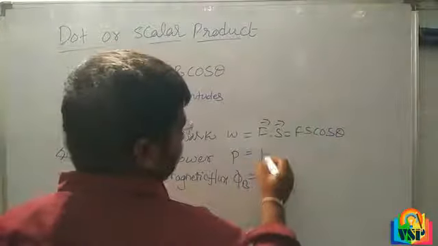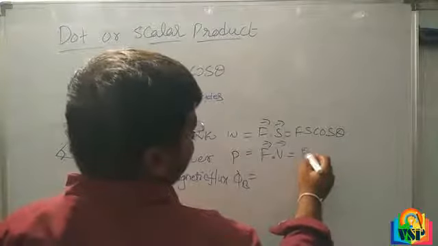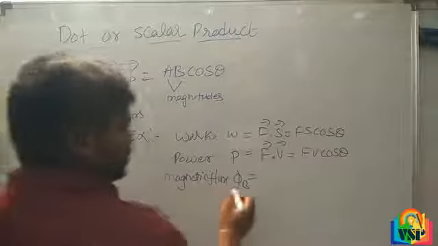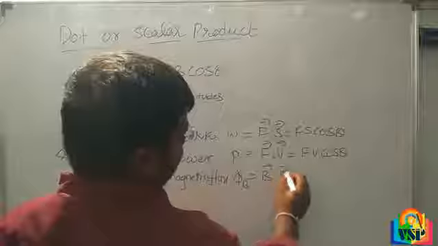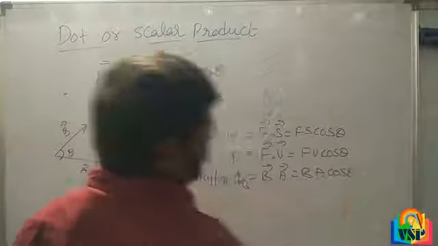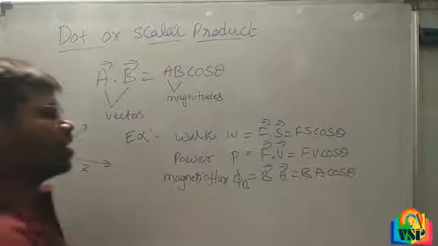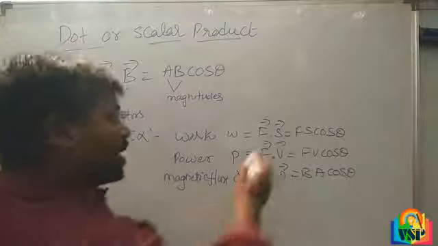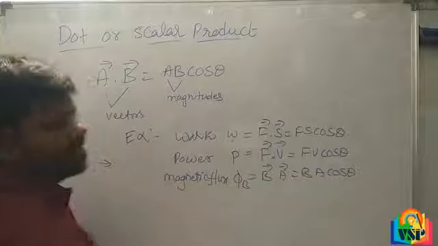Power is the dot product of force and velocity vector, Fv cos theta. Similarly B bar dot A bar is BA cos theta. So these are the examples. Force and displacement are vectors, but their product is a scalar. Work and power are scalars.